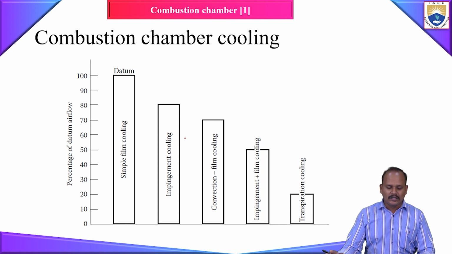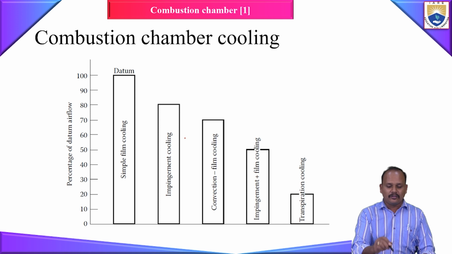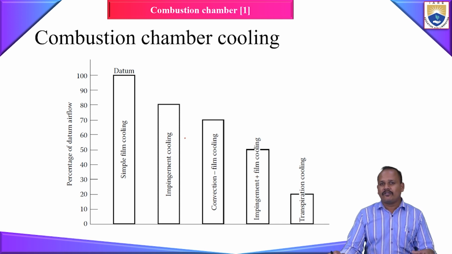If it uses 100% of available air, when I introduce impingement cooling, it requires only around 80%. That means impingement film cooling is better than simple film cooling. The next one is convective film cooling, which requires hardly 70% of the total air. That means this is even better than impingement cooling.